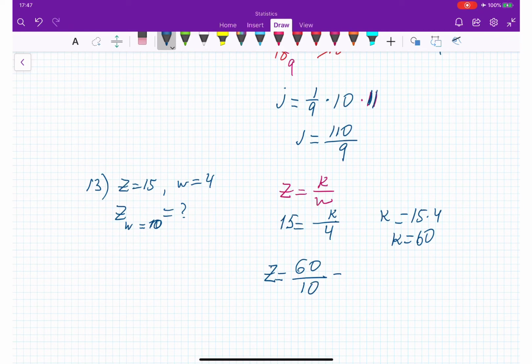And it's going to be equal to 6. That's all. So when w is equal to 10, z is equal to 6. Question number 14.